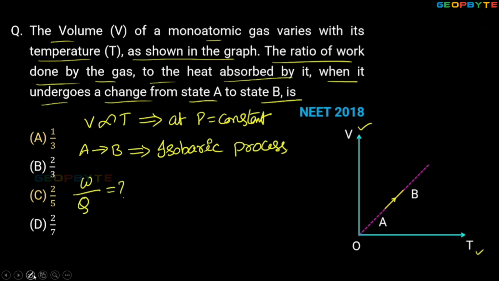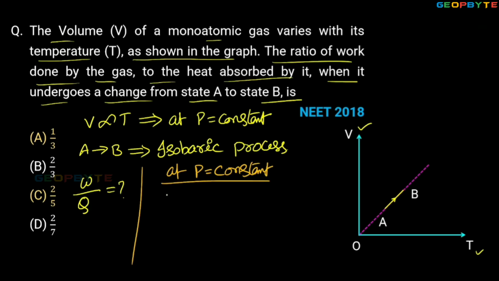For that, as you know, at constant pressure, work done W equals P into (V2 minus V1). It can also be written as PV2 minus PV1.